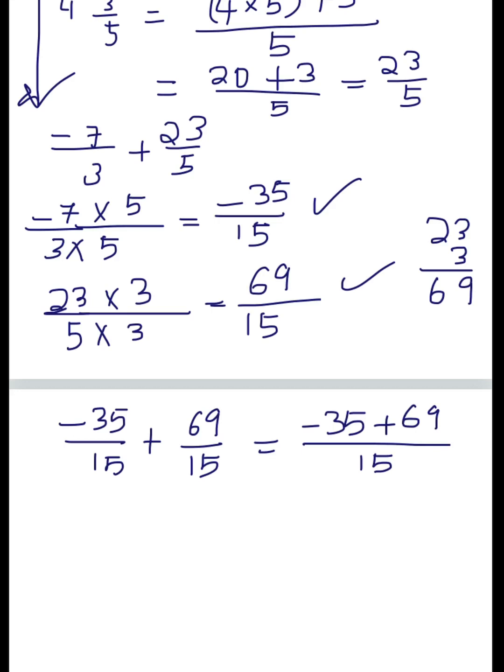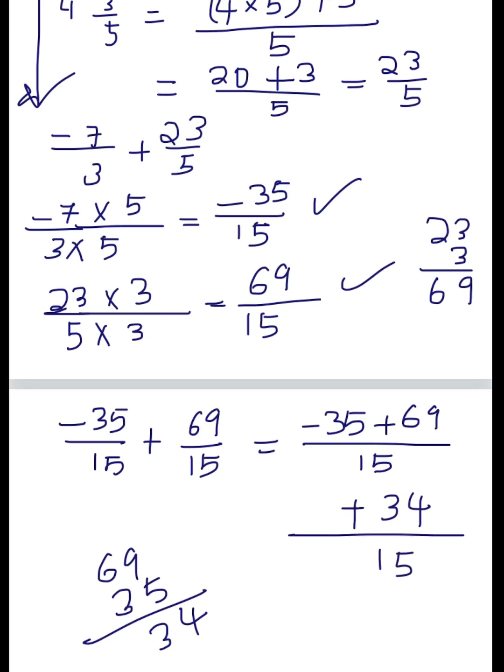Now minus 35 and 69 means 69 minus 35 you have to do. So 34, and you have to put the positive sign, by 15. This will be the answer. That is 34 by 15 will be the answer for this question.